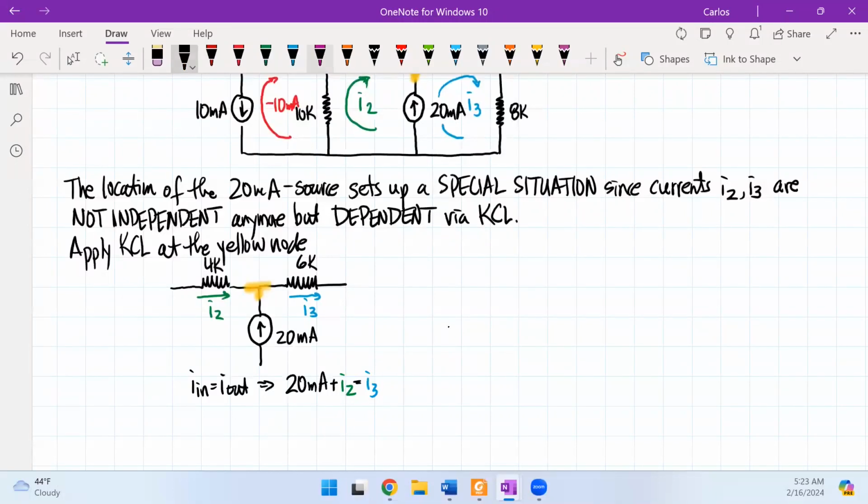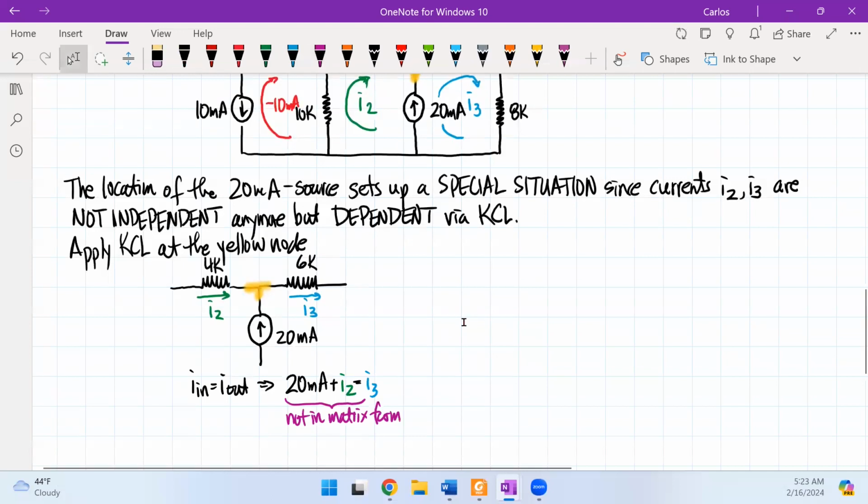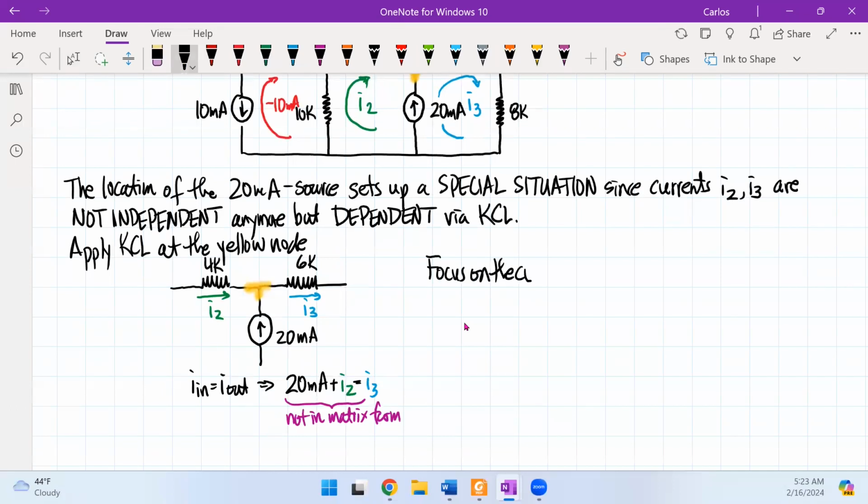And one of the things that I don't like about this way, even though it's totally legit, is that this is not in matrix form. So what I propose is looking at this slightly different. What we'll do here is focus on the current source.